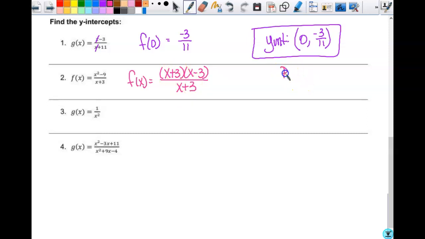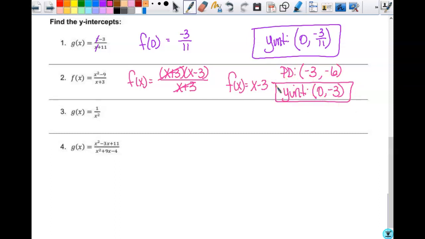So I am going to have a hole. So I'll have point discontinuity when x is negative 3. So then those are going to cancel out. So I have f of x equals x minus 3. So to find my y value here, that'll be a negative 6. And then to find my y-intercept, I find f of 0. So that means I'd get 0, negative 3.